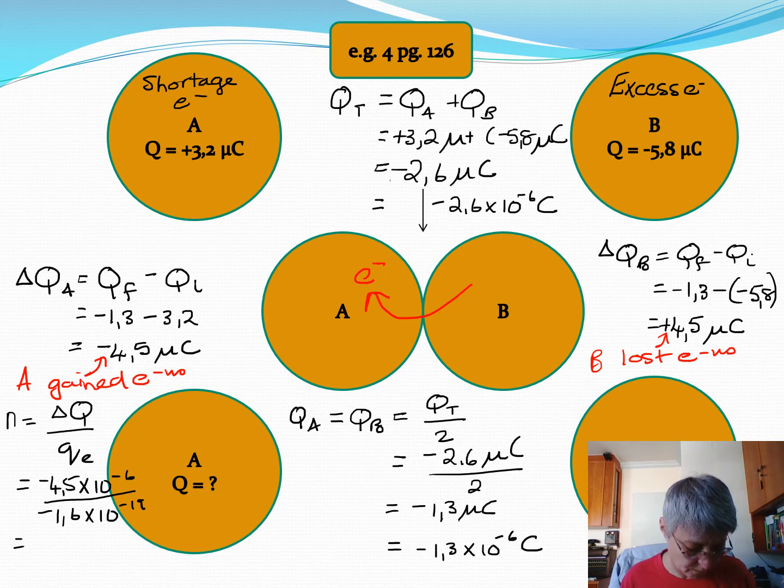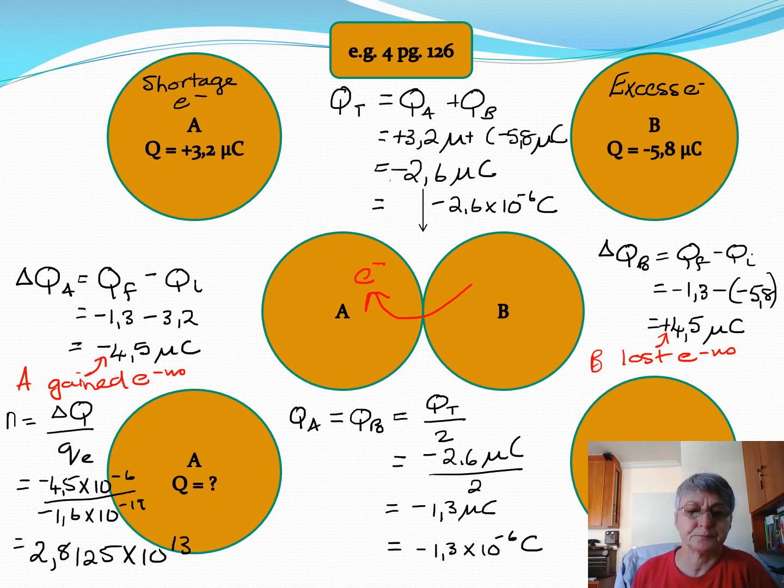So 4.5 exponent negative 6 divided by 1.6 exponent negative 19, and it gives us an answer of 2.8125125 times 10 to the power 13, and that's the number of electrons that were transferred.